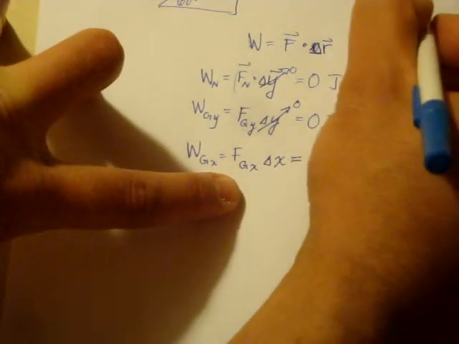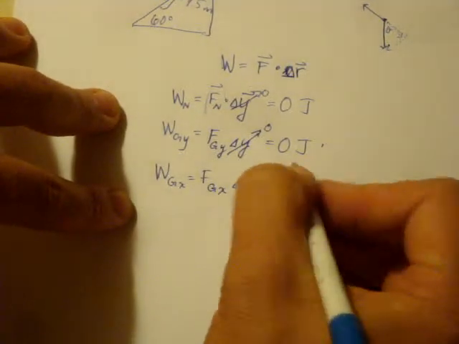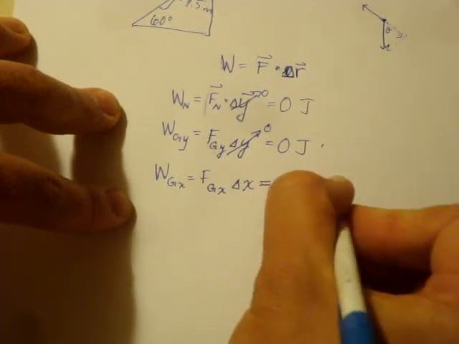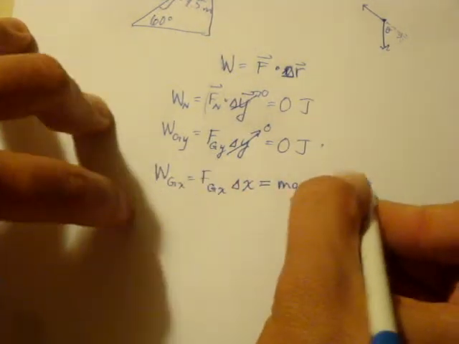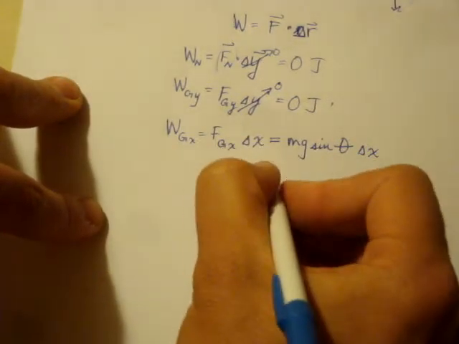We've done this several times, so I'm not going to spend too much time on describing why the magnitude of the force along the x component here is equal to mg times sine of theta, times the displacement, which is delta x. We can actually plug in all the values for this.